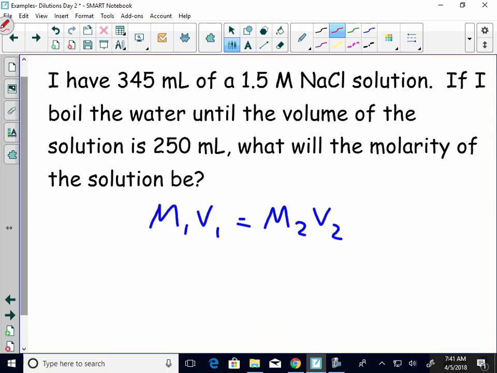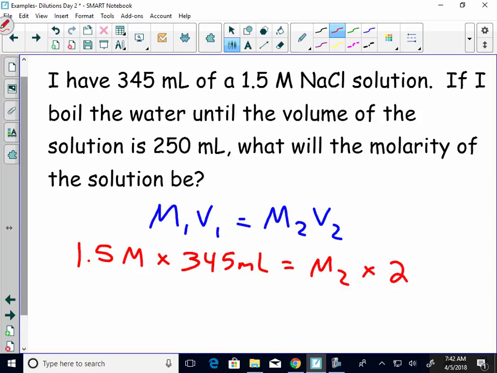So, M1 is going to be 1.5 molar. V1 is going to be 345 mLs. I do not have M2 once again. I'm trying to calculate that. And my new volume is 250 mLs. I can look up here and I see that, ladies and gentlemen, remember, 250 is only two significant figures because that 0 is a placeholder. But it shouldn't matter because I've got two sig figs right there also.